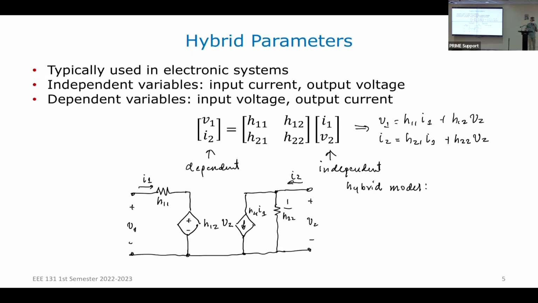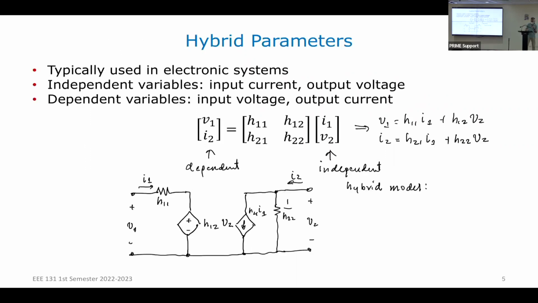Okay, if I short V2, that is, if I make V2 equal to 0, then this becomes 0. Right? So H11, if port 2 is shorted, V2 becomes equal to 0.